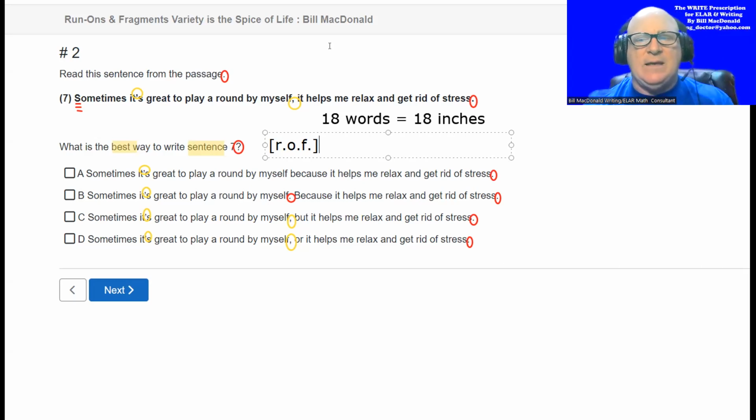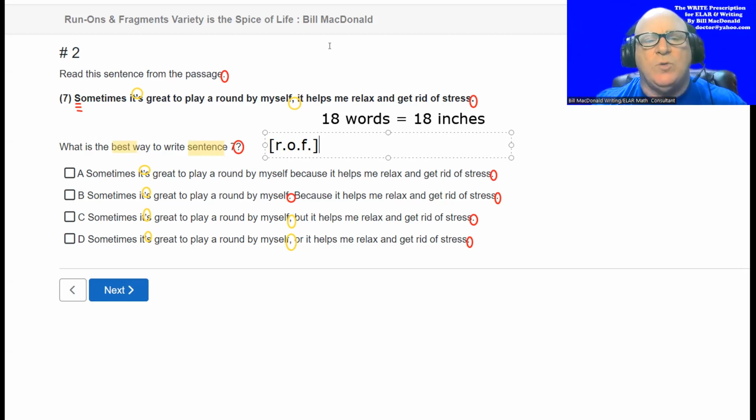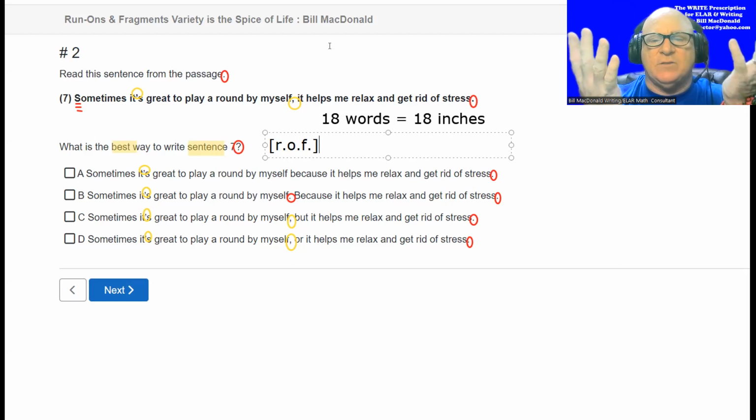Capital, sometimes it is great to play around by myself because it helps me relax and get rid of stress. So it helps me relax, ding, and get rid of stress, ding. Two different things, not three, period.